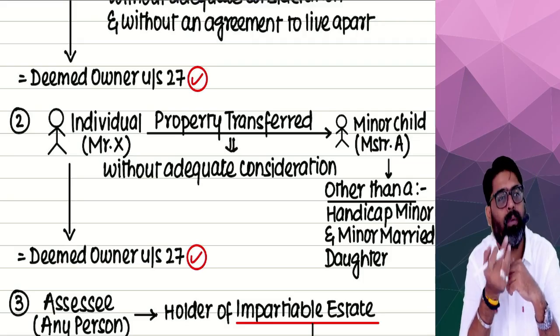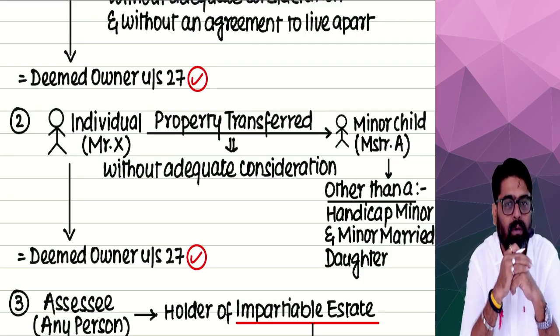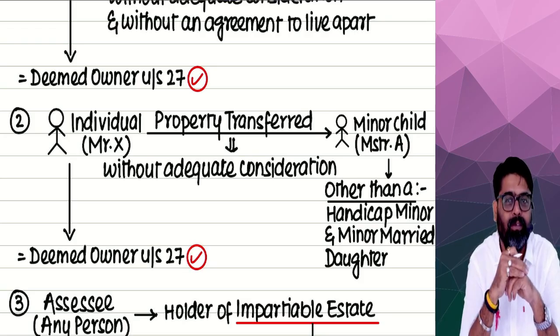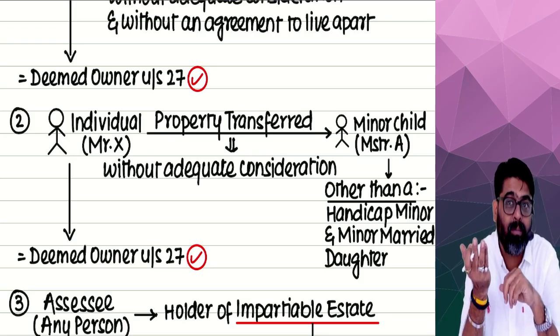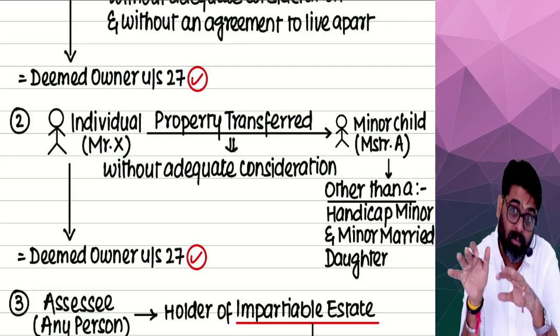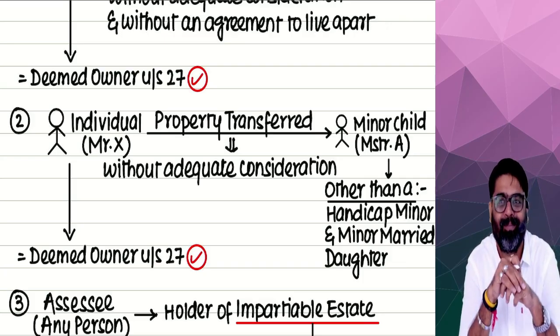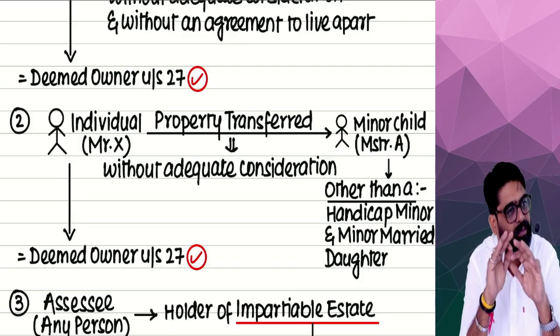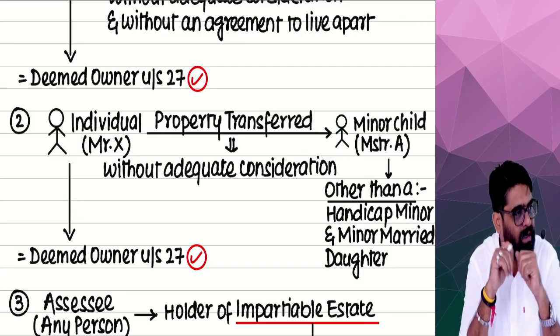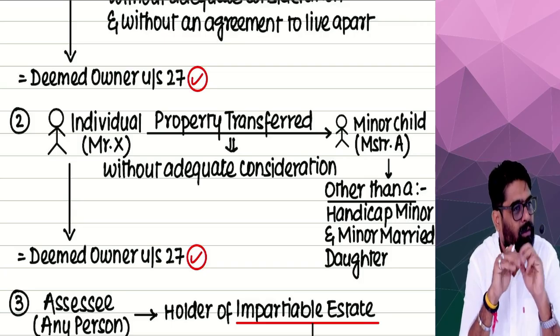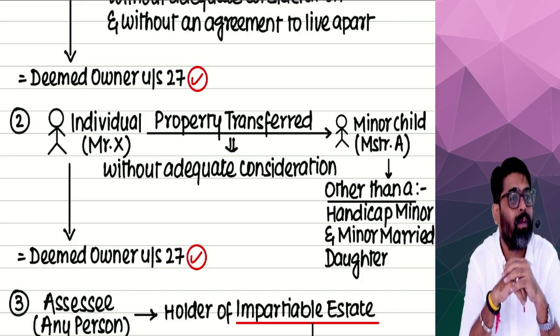Then sir, what is the point? Everyone will do that only, no? Don't worry. Clubbing provisions will take care of that. Because of those clubbing provisions, income of that property will be clubbed in your total income. So if the clubbing provision takes care of that situation, why make you deemed owner?